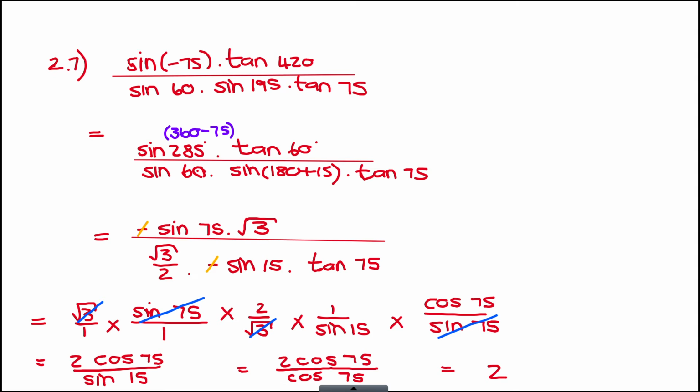Die 32 minus 15, dis reg. Toe sê jy dit goeie. Maar waar is jou 2? Waar is jou 2 hierso? O, het jy hom net onder. Okay, sine 75. O, jy het hom hierso gaan uitkanselleer en toe werk jy met daai. Ja, perfect. So.